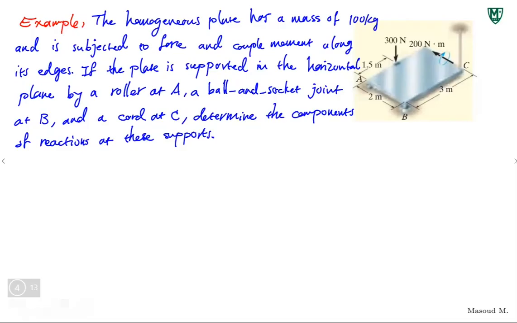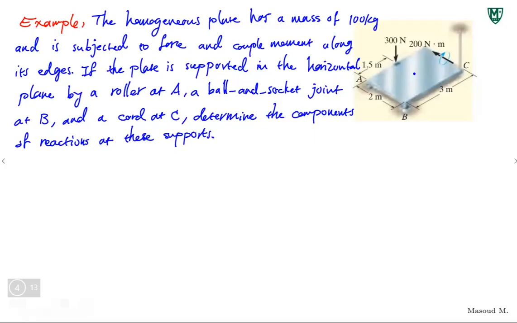So basically the load for the weight should be applied exactly in the center. We'll see later on during this course, a couple of weeks from now, maybe more, how we can actually calculate the center of gravity or center of mass for a structure. But for now, it's a homogeneous plate, so it's exactly in the center.